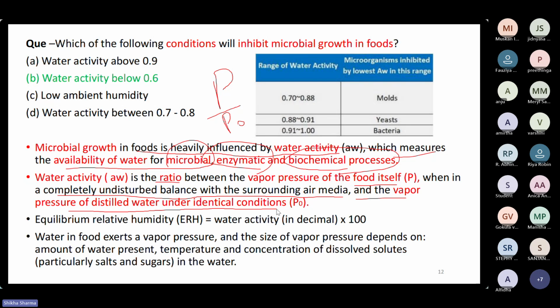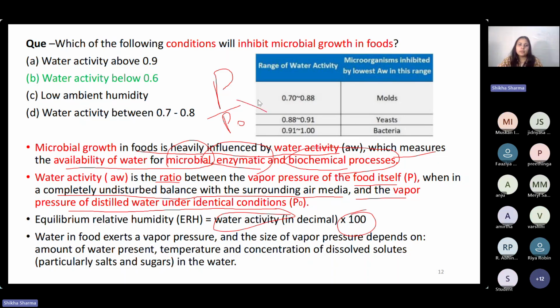So water activity is P by P naught. We can convert it into equilibrium relative humidity by multiplying water activity by 100.